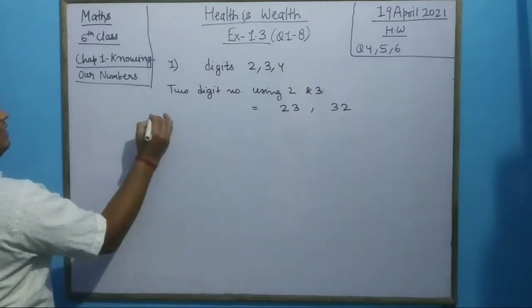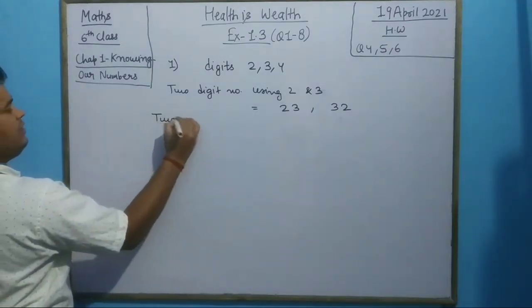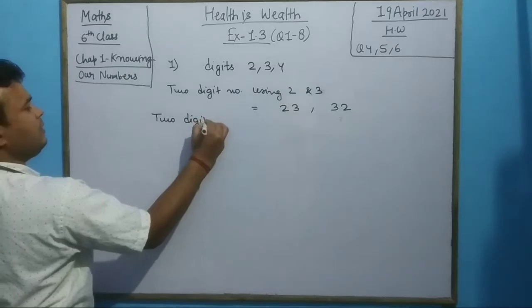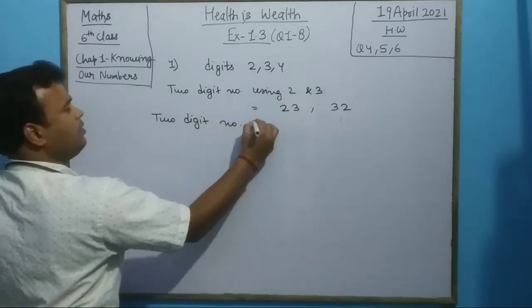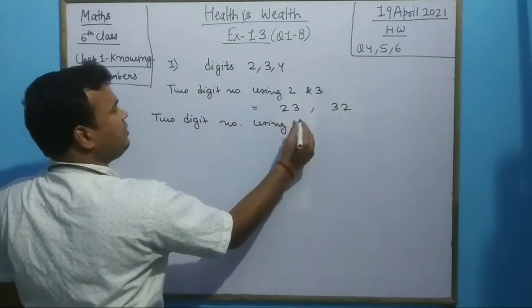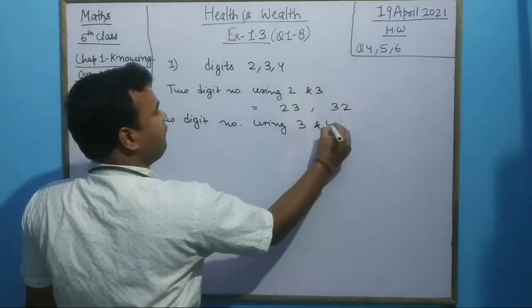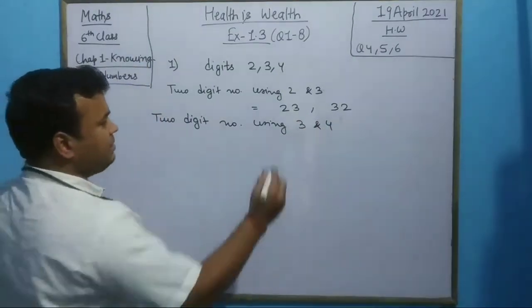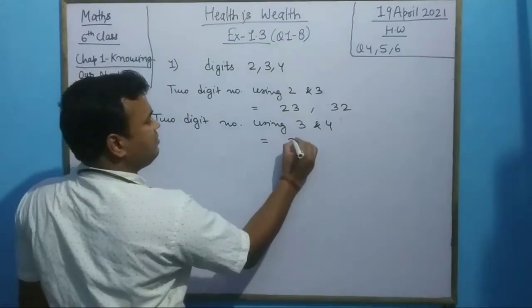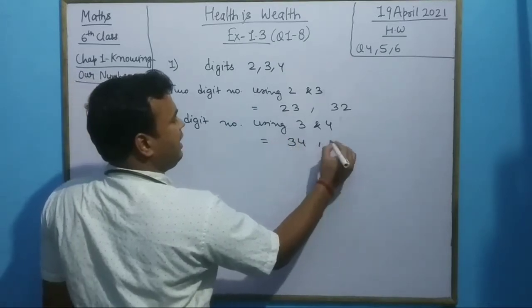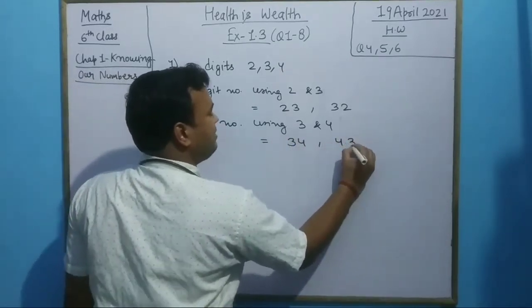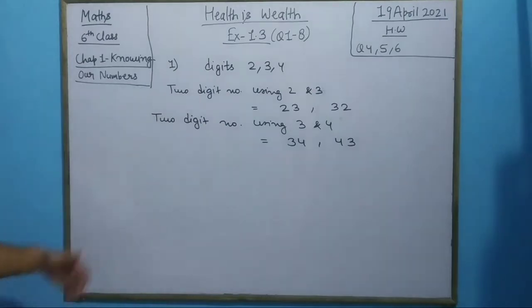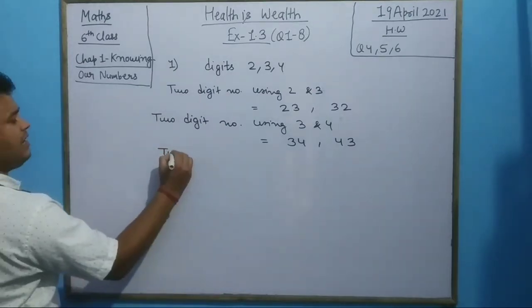Now let us write again, that is 2-digit numbers using 3 and 4. Okay, again we can write 34 and the other number is 43. Okay, let us again write taking 2 digits at a time.